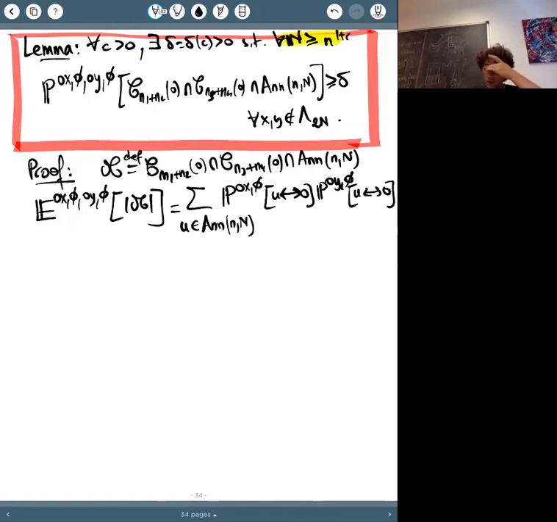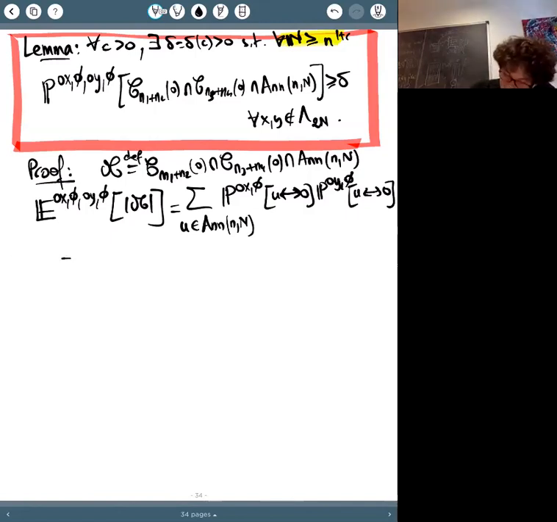You agree? For U to belong to M, it needs to be connected in N1 plus N2 to 0, and it needs to be connected in N3 plus N4 to 0, but these two sums of currents are independent, so the probability is just the product of the probabilities, okay?